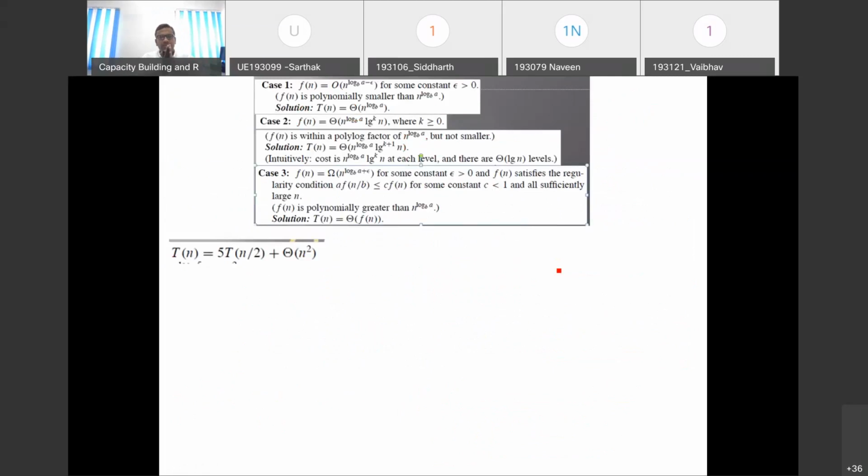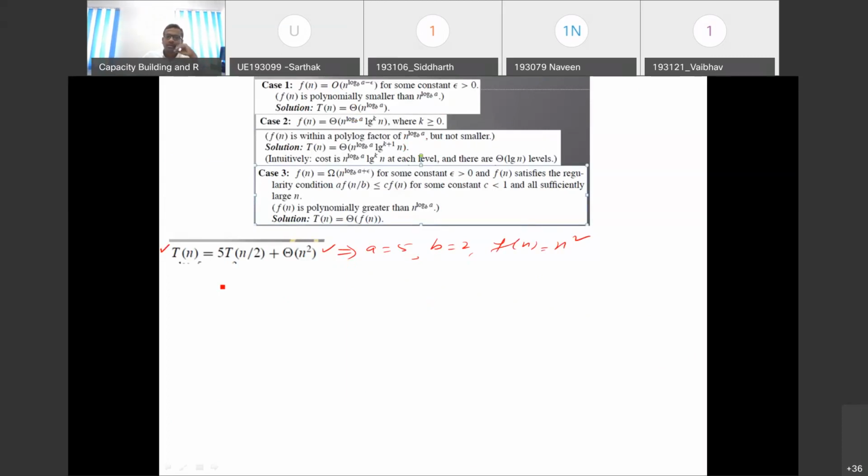The complete master theorem is written, and we need to apply it to solve this equation. How to proceed? In this equation, a is equal to 5, b is equal to 2, f of n is equal to n square.